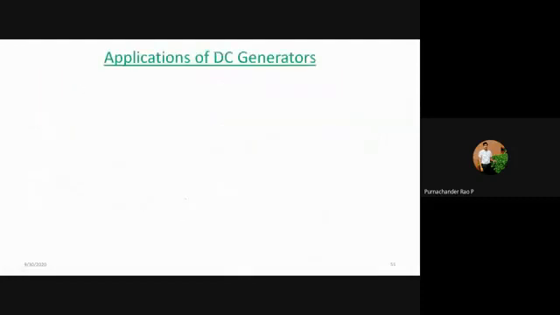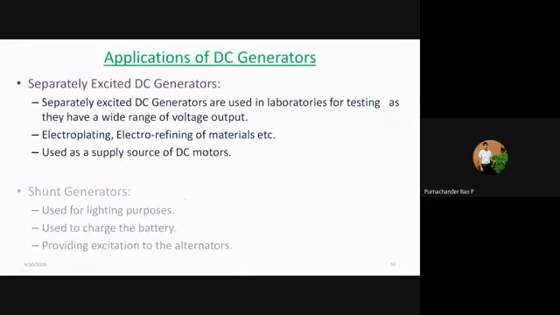Then next, take a screenshot of this. Just go through the applications of DC generators. All of you take a screenshot. The separately excited generators are used in laboratories for testing, and they have a wide range of output voltage, and they are used in electroplating and electro refining of materials.